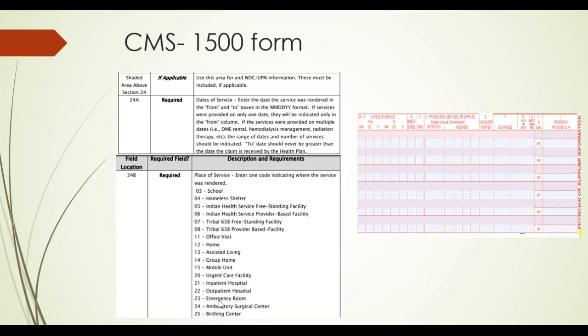They could be services done at multiple different places. Like I said, this is not the full list of the place of service codes, but you can find that list in your ICD-10, your CPT, current procedural terminology book. They have a whole list of the place of service codes.